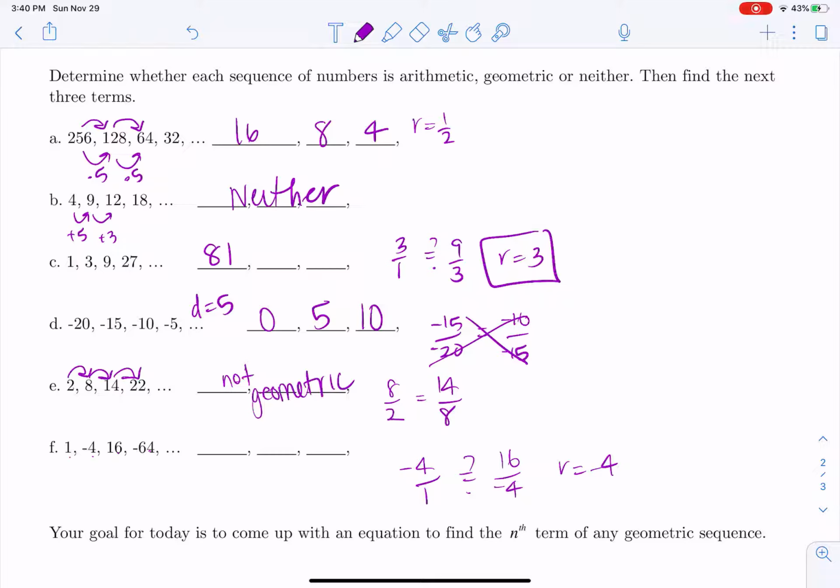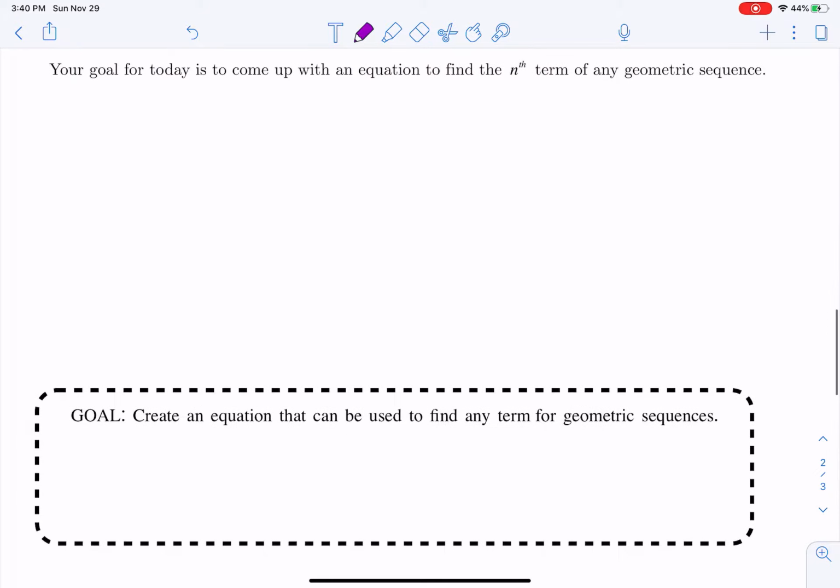But if we were to move in the direction of talking about exponential functions, we would actually say that this is neither, because of the way that my function would hop up and down for those outputs of positive, negative, positive, negative. And we'll talk a little bit more about that as we move forward with our exponential and logarithmic functions and equations.